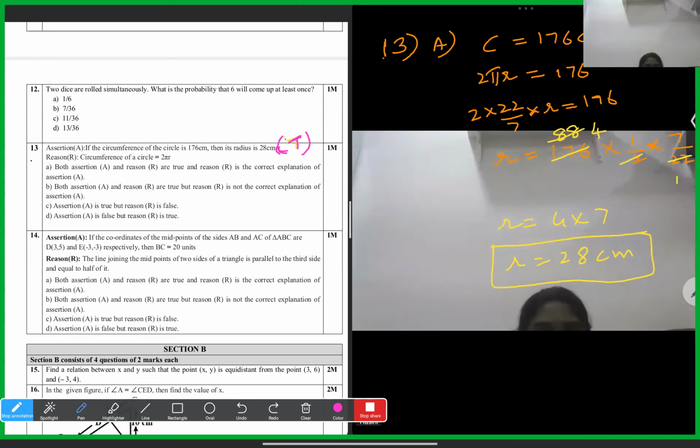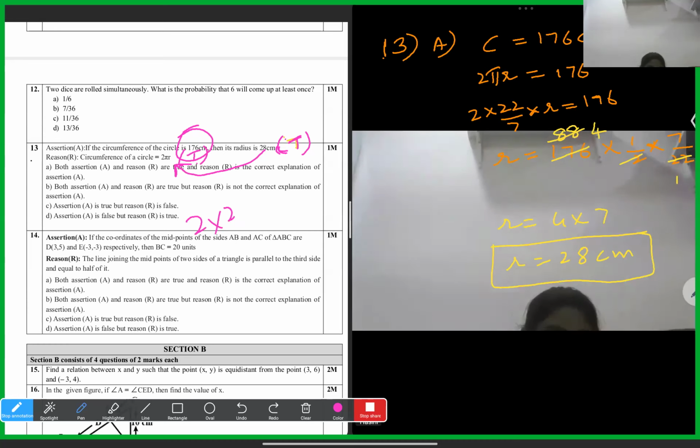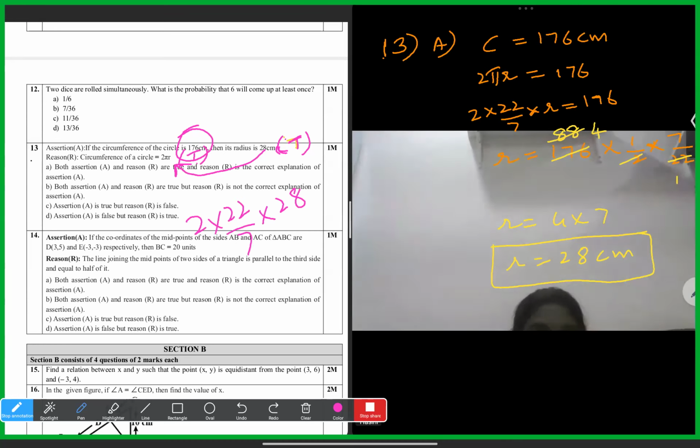If the radius is 28 centimeters, and if we substitute this 28 in 2 pi r and solve it, we'll get circumference 176 only. Okay, 2 into 22 by 7 into 28, 7 fours are 28.